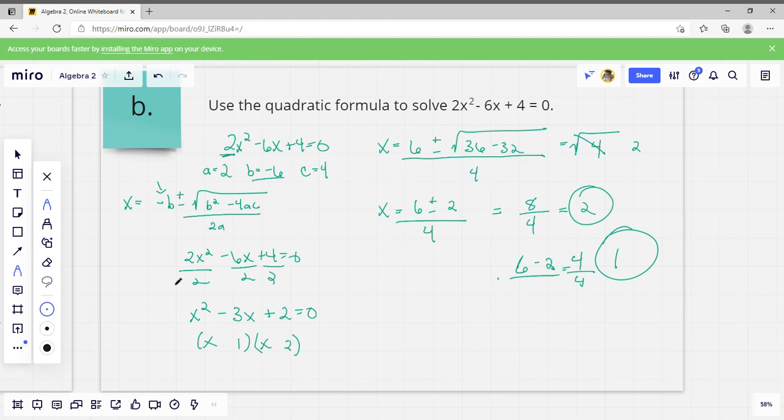And then you'd have to add them together. So we see that has to be a negative. Negative 1 plus negative 2 is negative 3. Yep. Alright, so it's just a different way to do it, not factoring. Alright, that is it for lesson 71.